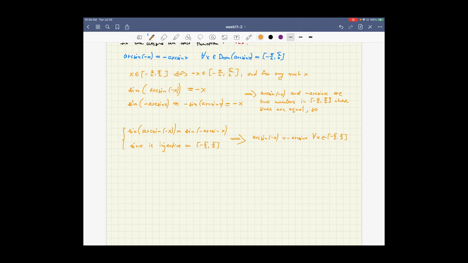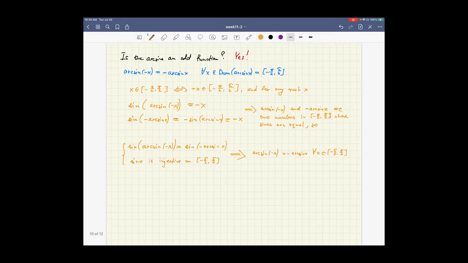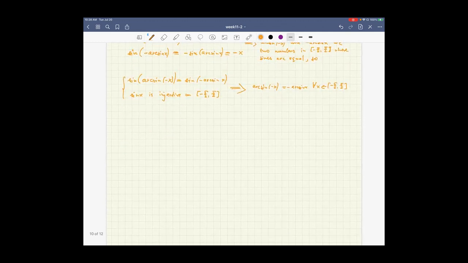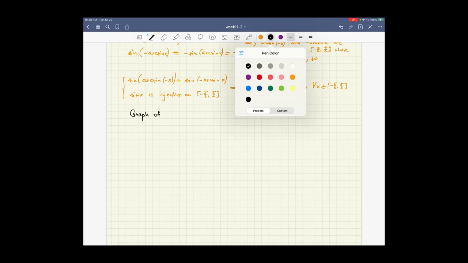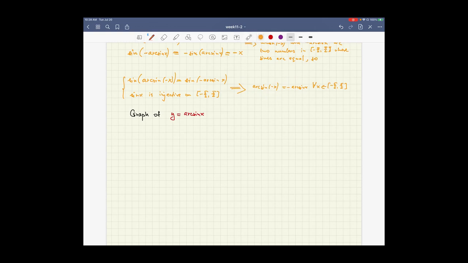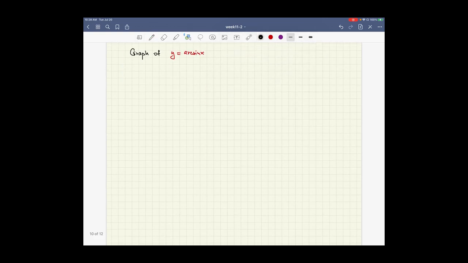So we know enough about the arcsine function to be able to draw its graph. Remember, the domain is negative 1, 1.